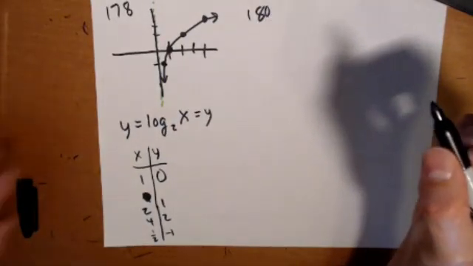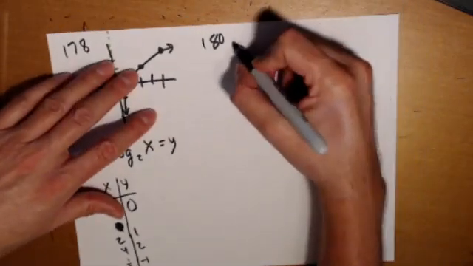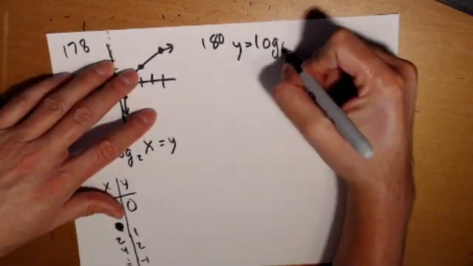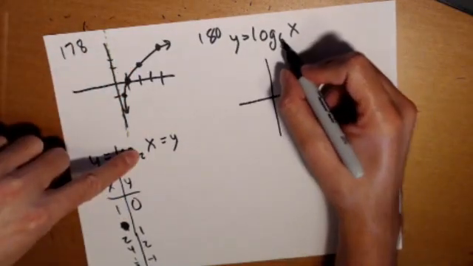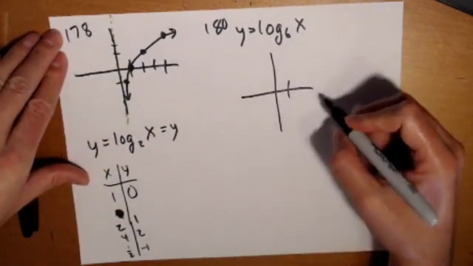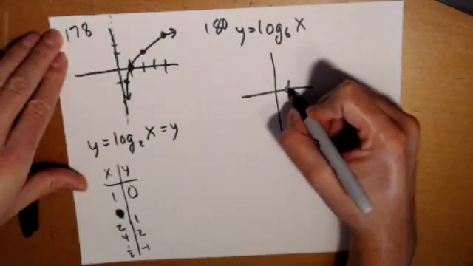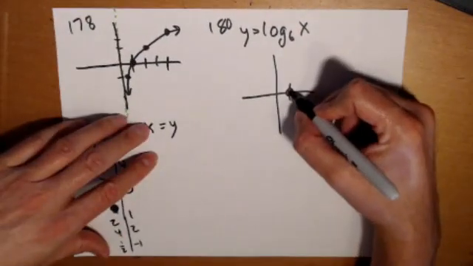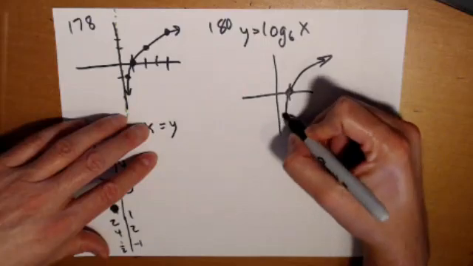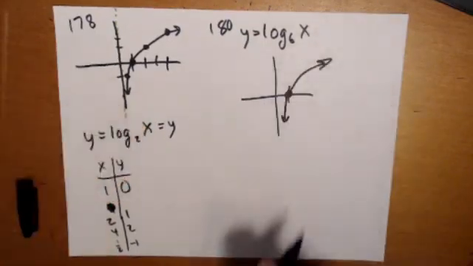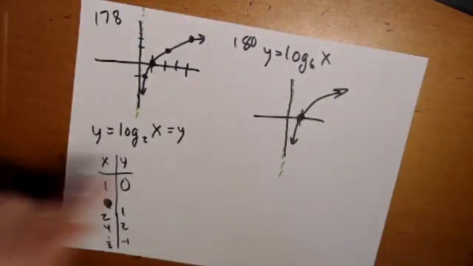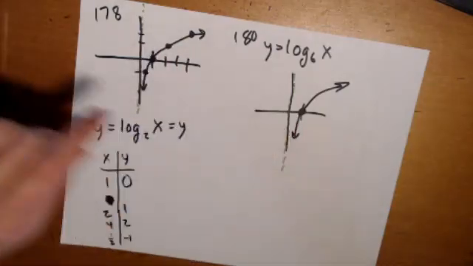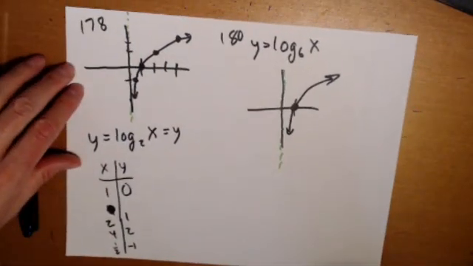Okay, 180. It says y equals log base 6 of x. Log base 2, log base 6. I guess the only thing that matters is, when x is 1, that would be our 0 point. It's going to go like that, and then asymptotically like that. And here is our asymptote on the y-axis. Well, don't those pictures look the same? Yeah, basically. Well, are they the same?